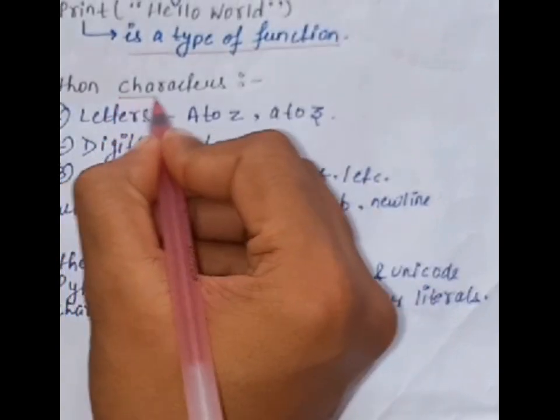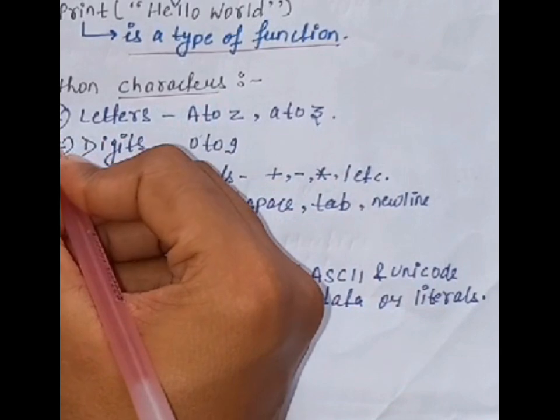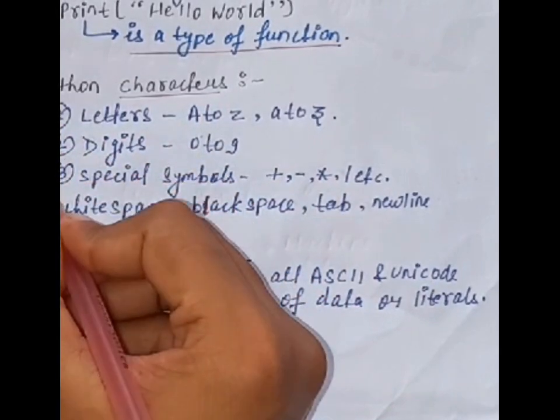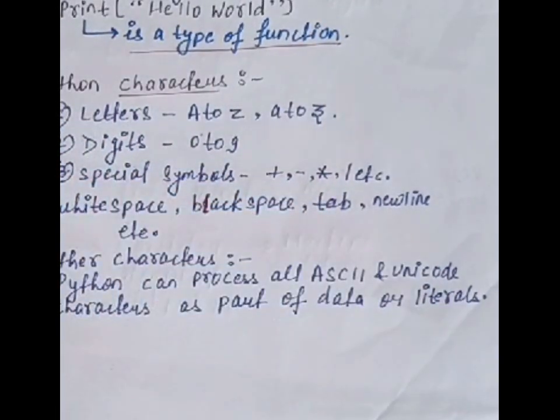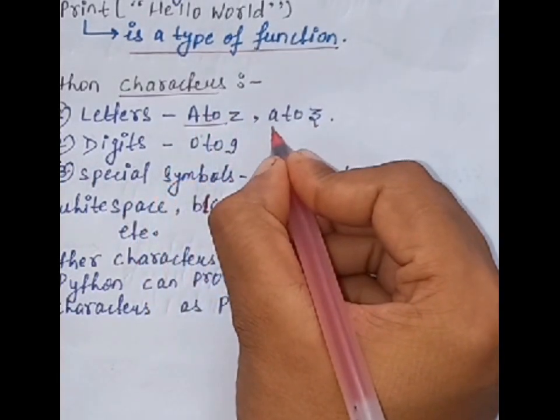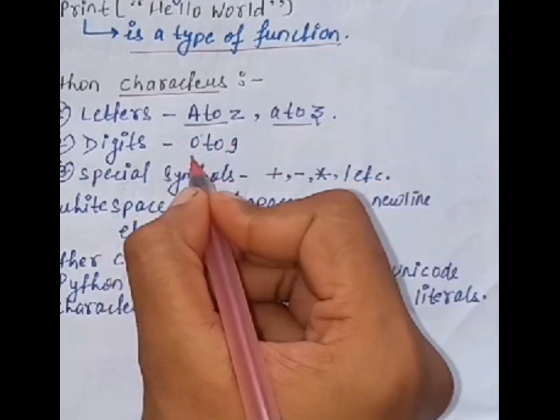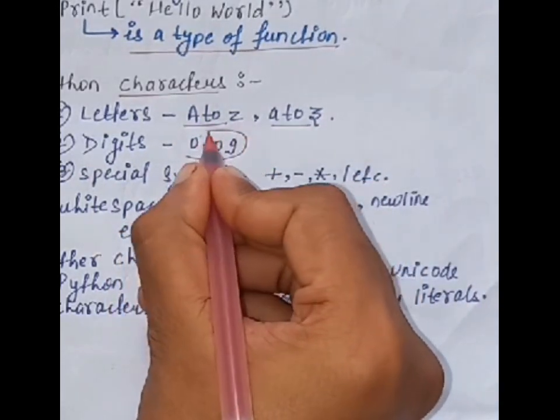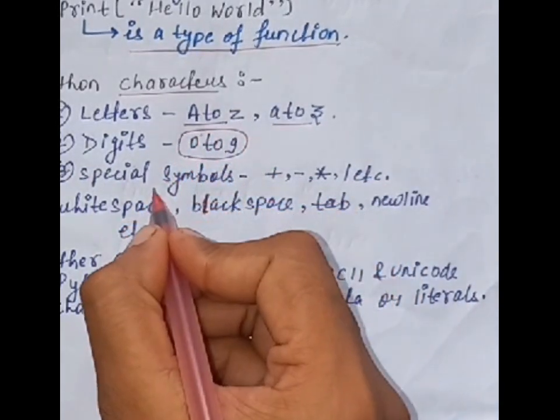Python characters: there are three main Python characters: letters, digits, and special symbols. A to Z is uppercase, small a to small z is lowercase. Digits 0 to 9, we can use 0 to 9 characters in Python.